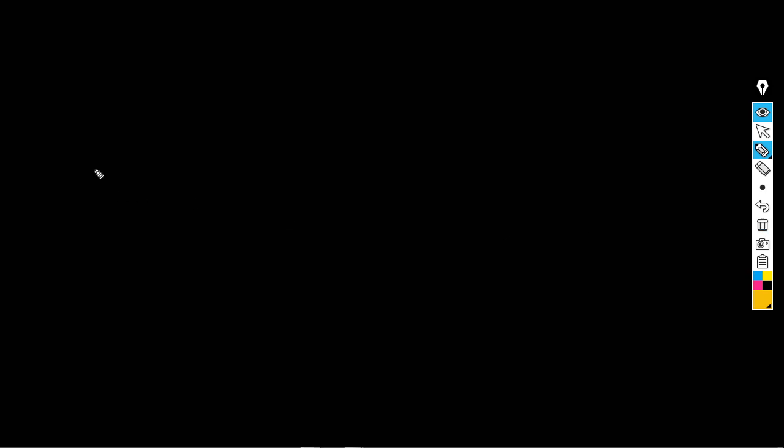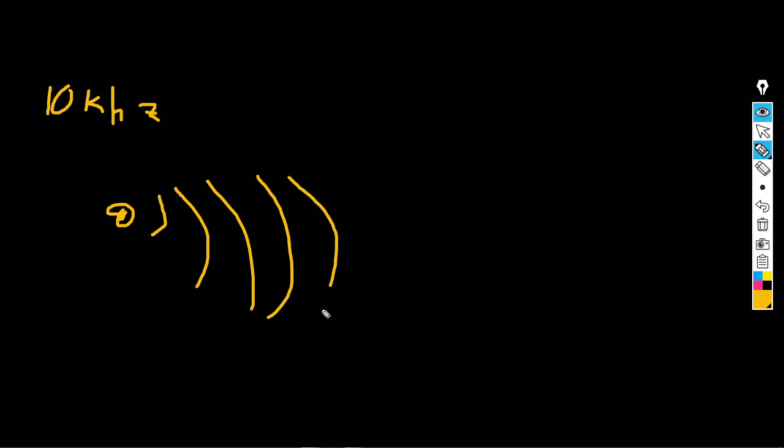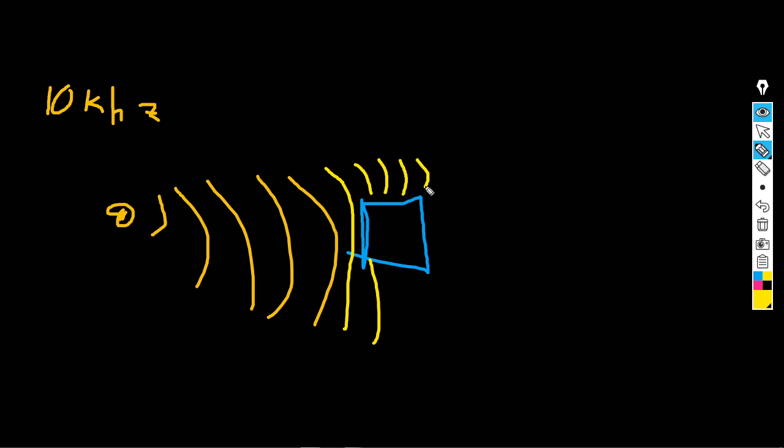If we have a high frequency sound, and by high frequency I mean on the order of 10 kilohertz, that's at the upper end of the hearing range, and it's being broadcast out from some point in the distance, and you stick a substantial size obstacle in its way, then the sound does not pass through it, and when it gets to the edge here, it leaves a shadow.